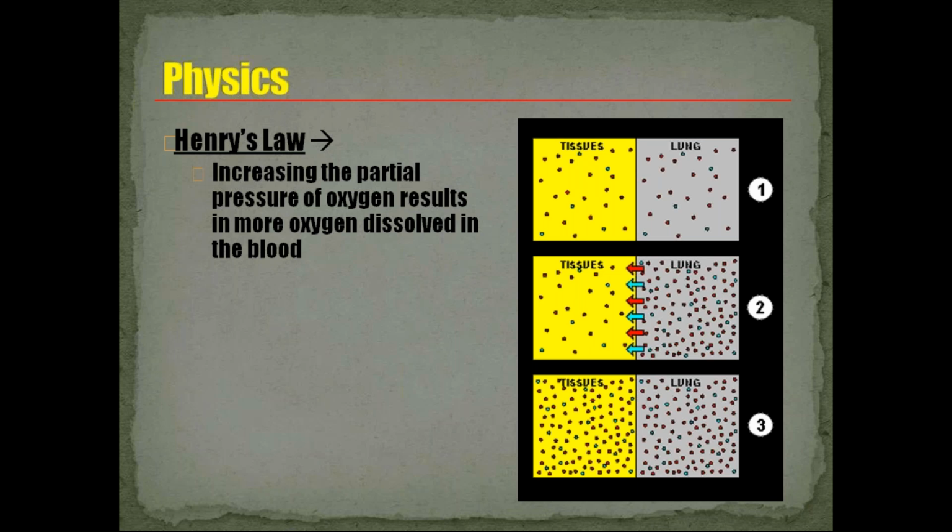This is Henry's law. You can see here, initially in the lungs and the tissues, more oxygen is given. So the oxygen is getting dissolved and then it is carried to the tissues, causing perfusion to the tissues. And this is applied.